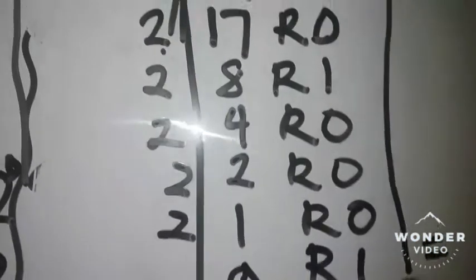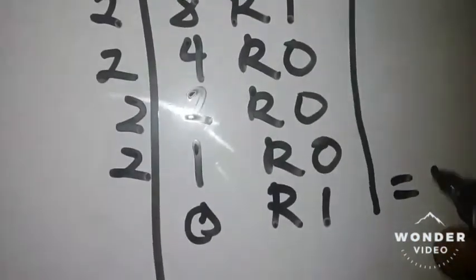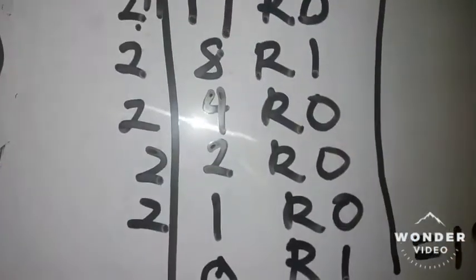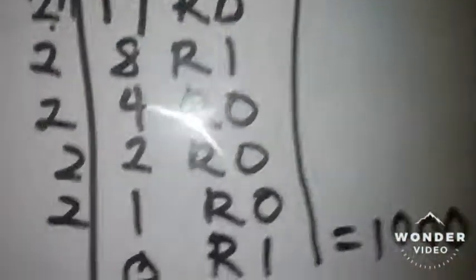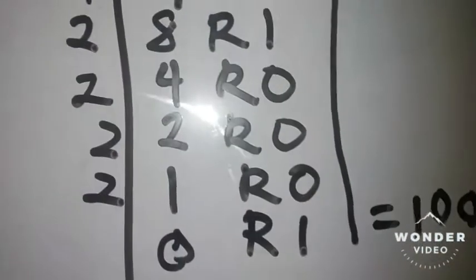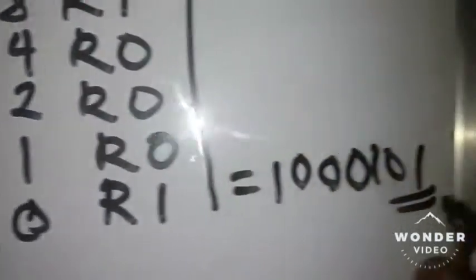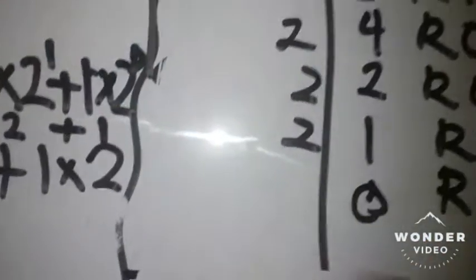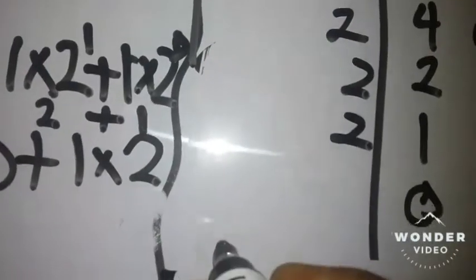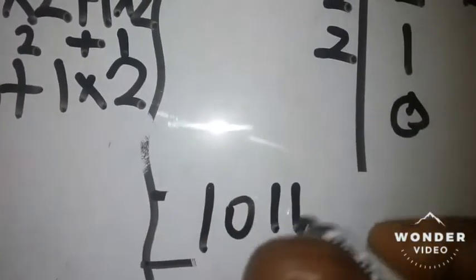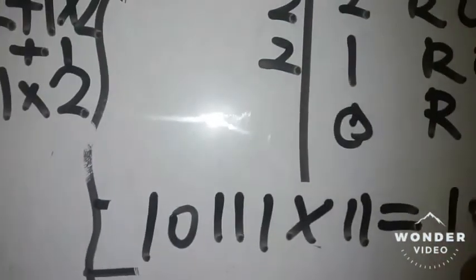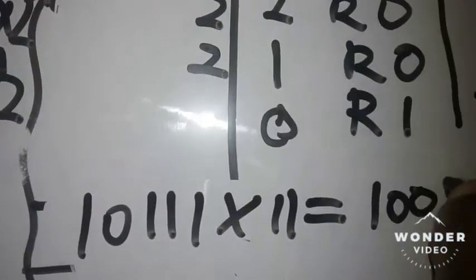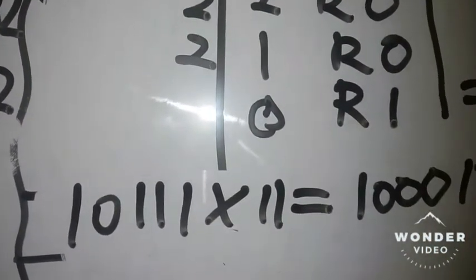So our answer is, you pick it, 1 0 0 0 0 0 0 1 0 1 1 0 1. That is our answer for 10111 times 11, which is equal to 1 0 0 0 1 0 1.